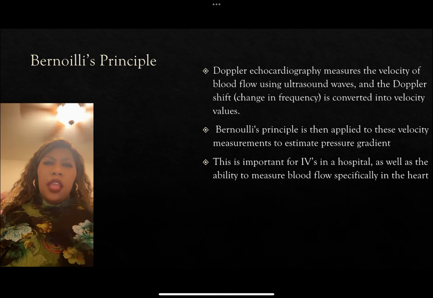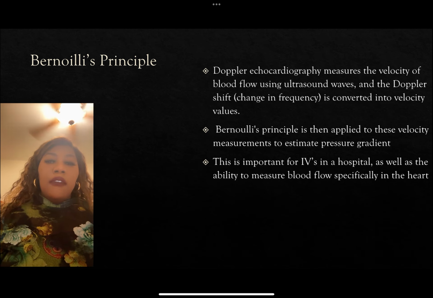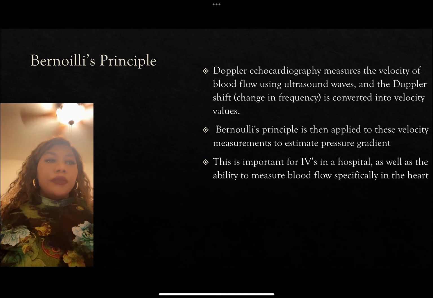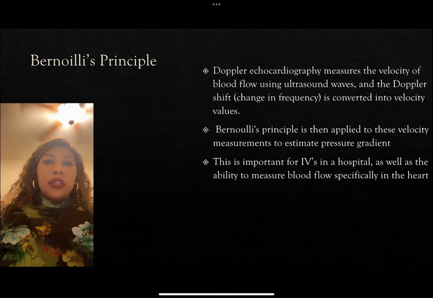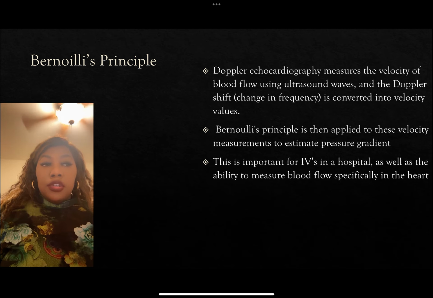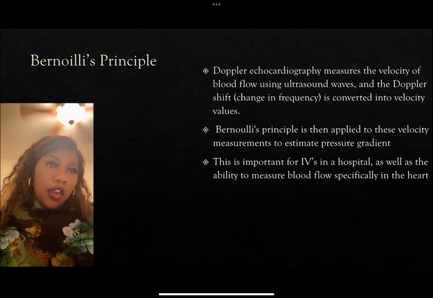I think it was our second or third lab, and we talked about how velocity affects how something falls or how quickly something moves. So this is important for IVs in the hospital, as well as the ability to measure blood flow, specifically in the heart, which is why I have this image of the heart there.